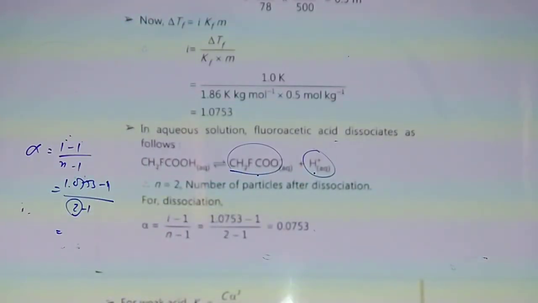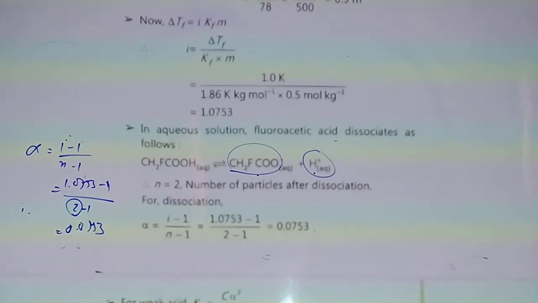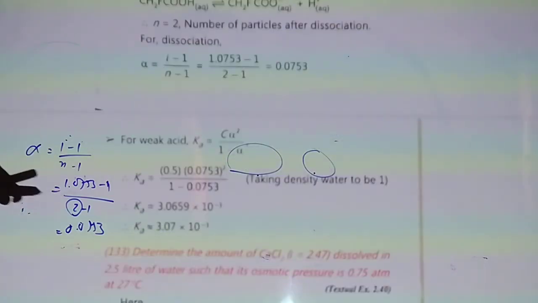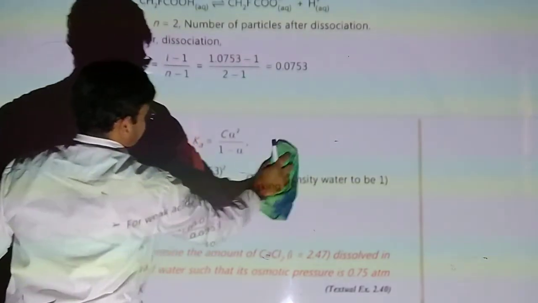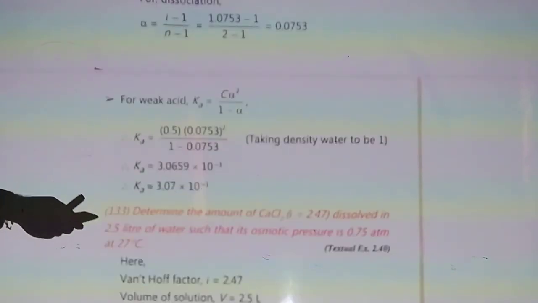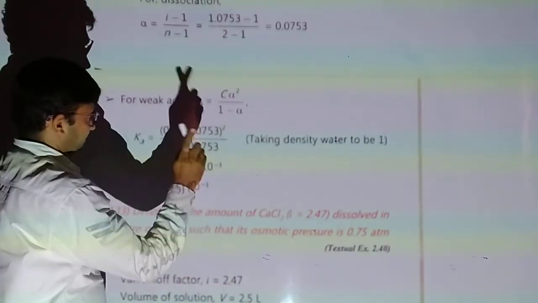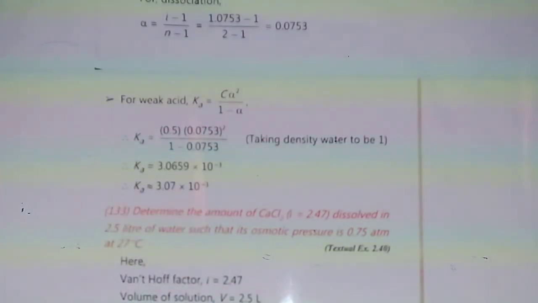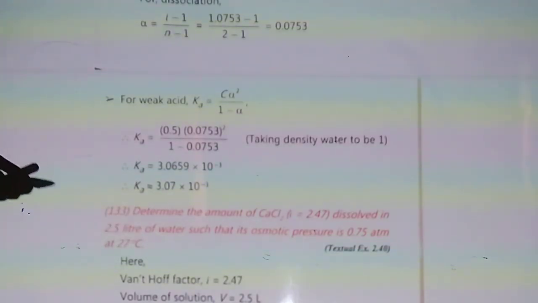So n should be 2. So alpha is 0.0753. And for the weak acid, Ka is equal to C into alpha square upon 1 minus alpha. So 0.5 into 0.0753 square, taking density of water 1. Ka is 3.07 into 10 raised to minus 3.